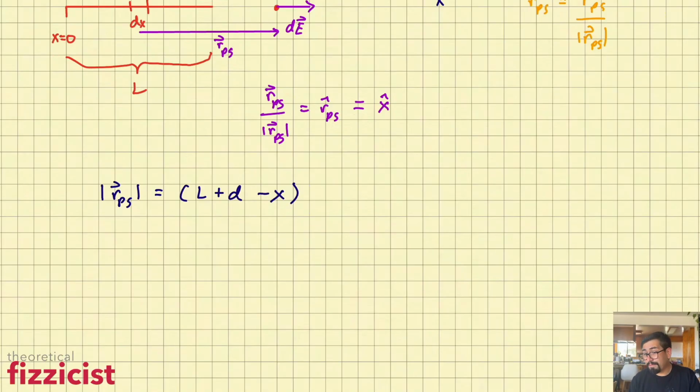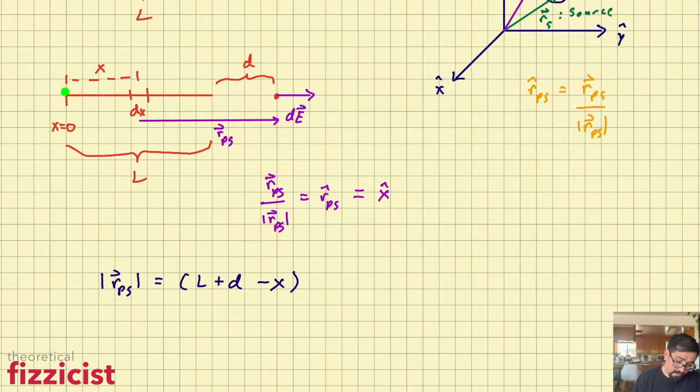And we don't have to worry about any weird minus signs in our magnitude calculation here, friends. The reason is that we were quite clever and chose our coordinate system to start over here at x equal to 0. So for every single possible dx that I could calculate the electric field for, the greatest position it can be at along the rod is the L distance, and that would mean we have L plus d minus L, which gives an RPS equal to d for this last little chunk, and that makes perfect sense.